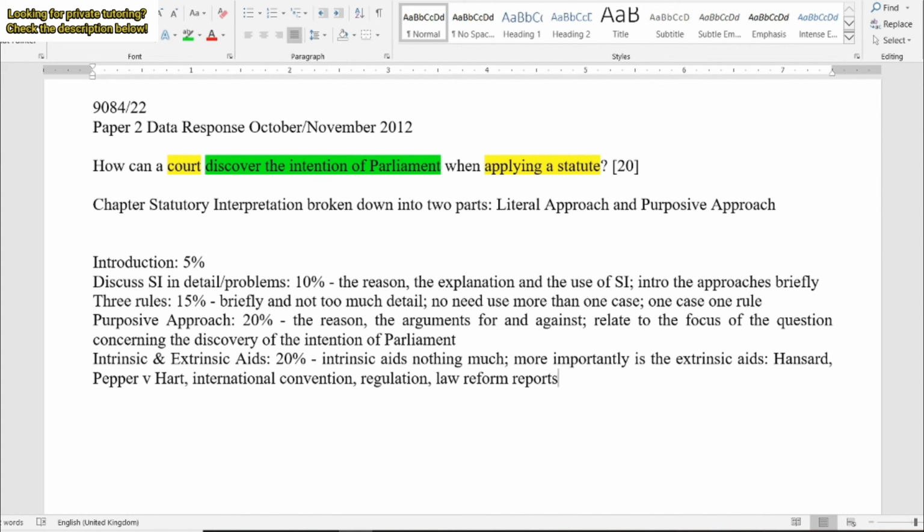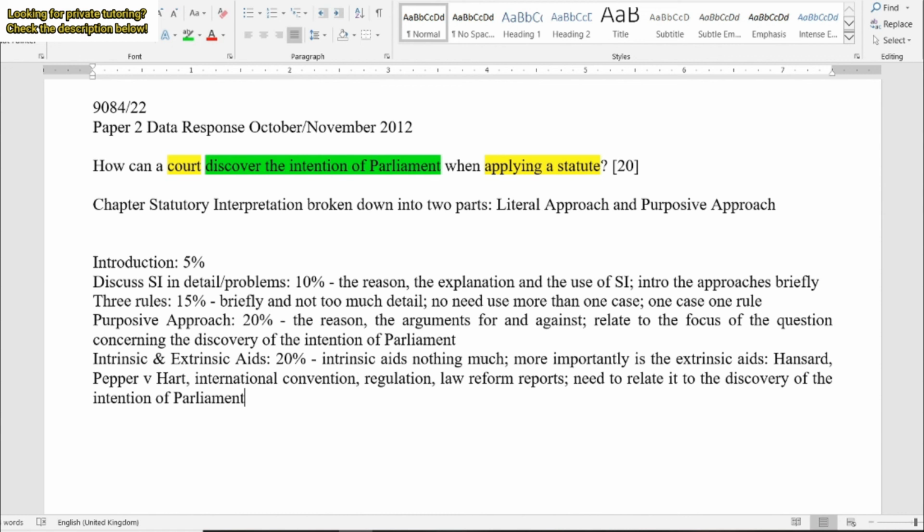And of course same thing here, you need to relate it to the discovery of the intention of Parliament. The important thing is you need to relate it back to the question so that you do not run out of topic.